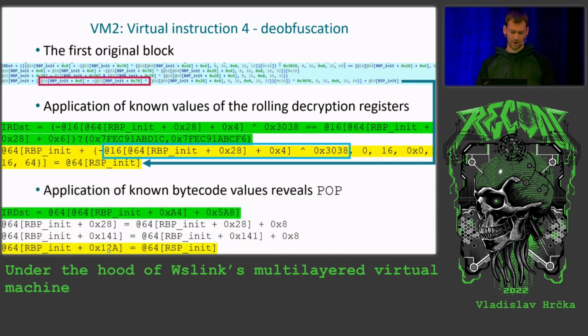So this is the final simplified expression, and we can see that it stores the value on the top of the stack in a register, and subsequently increases another register by 8, and then increases the virtual program counter, which means that this is basically pop.